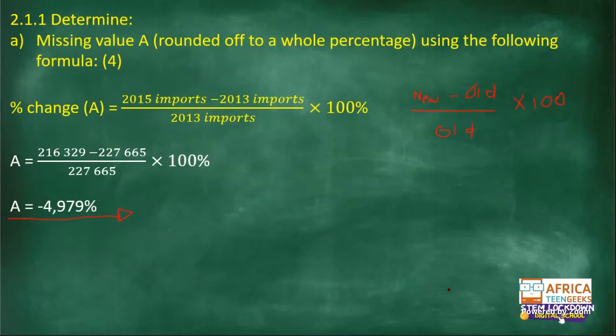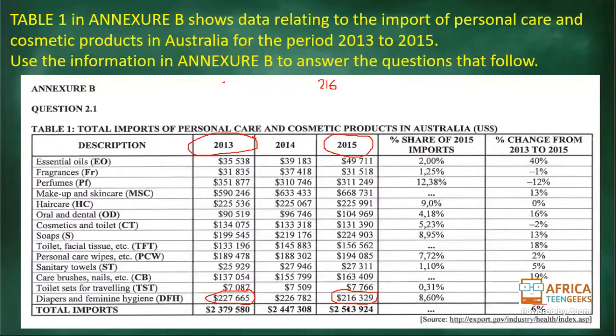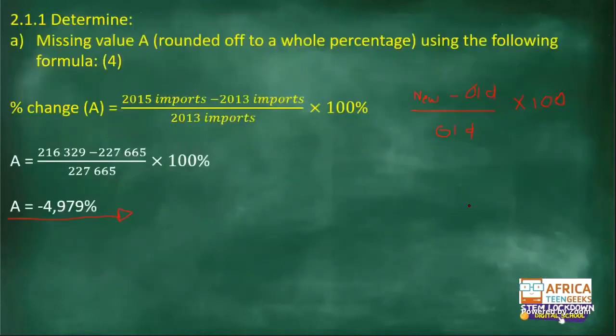We use those two values there because the point of this is for you to be able to spot and understand what this information is related to. As long as you can understand that these 2013 prices are based on these descriptions, it's just you being able to read these financial documents, right? Another point they say is rounded off to a whole percentage.